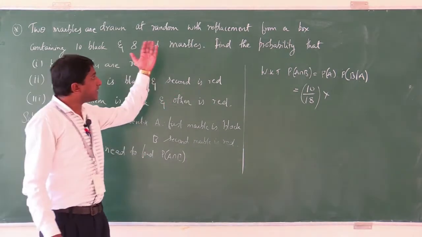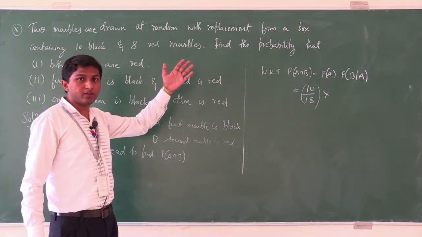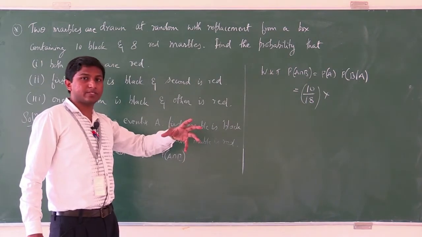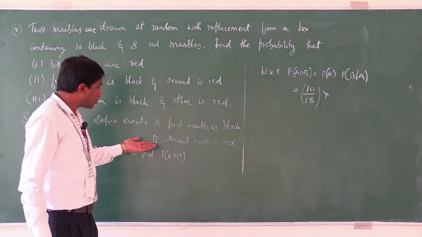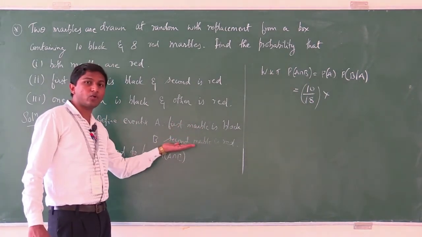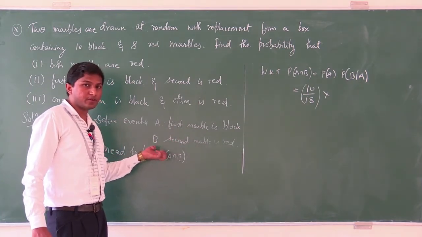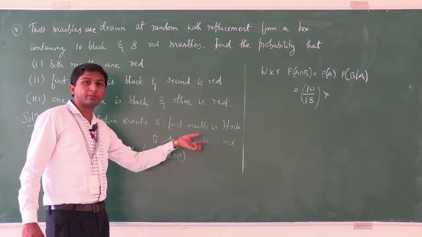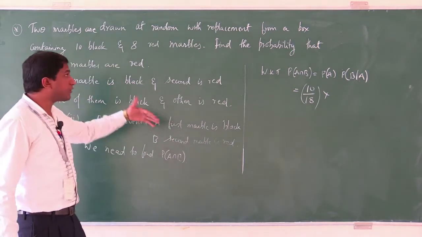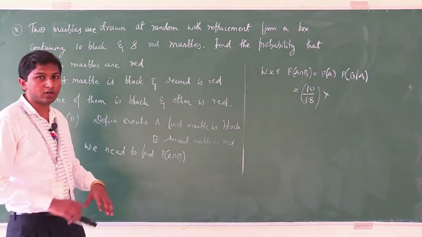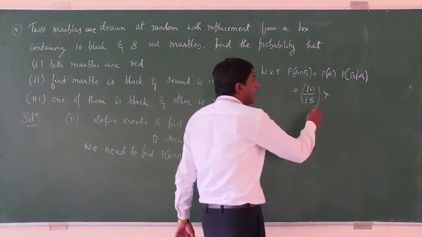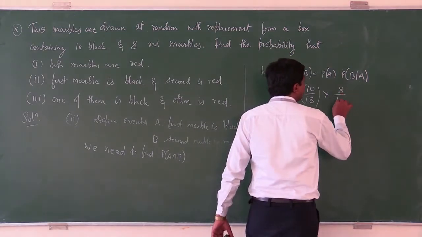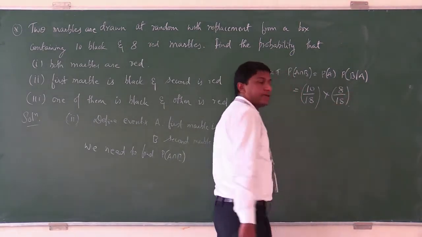Since this is an experiment wherein you are replacing the marbles, there is no change. So essentially you are finding the probability of event B, that the second marble is red. What is the probability of drawing a red marble from this box? It is 8 by 18.